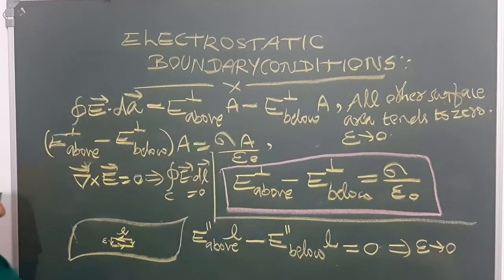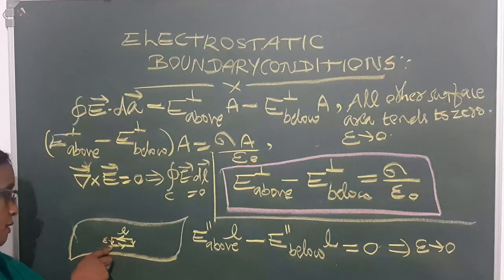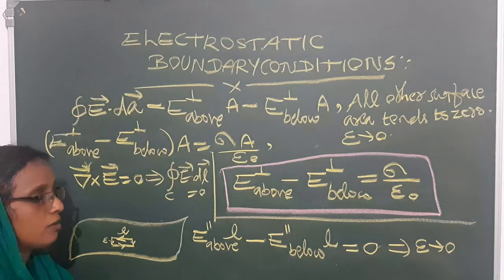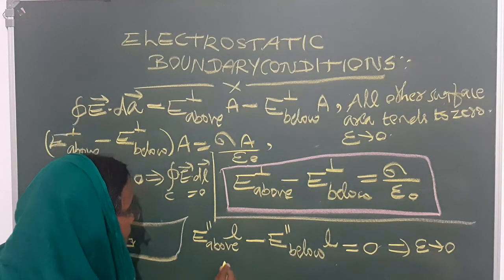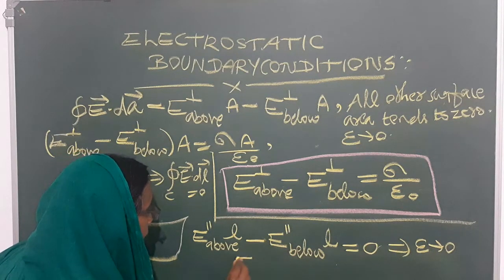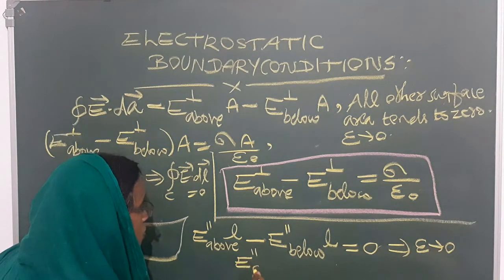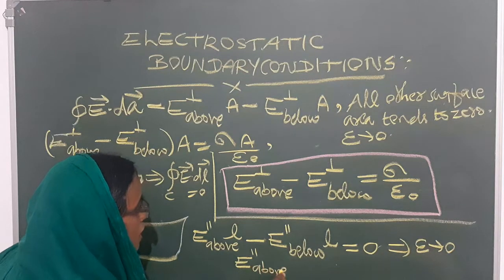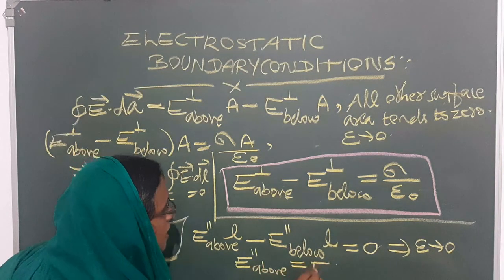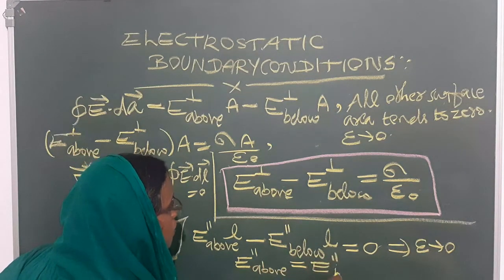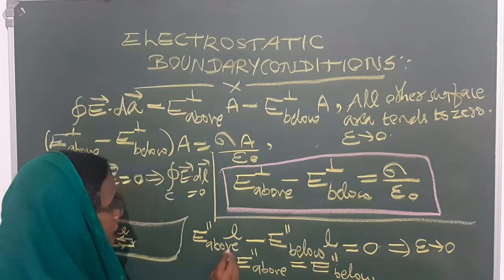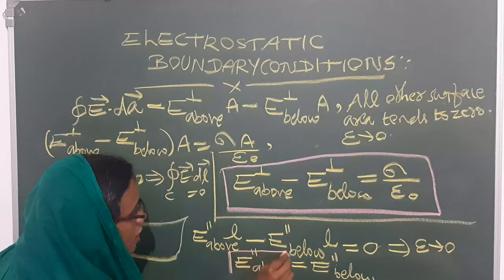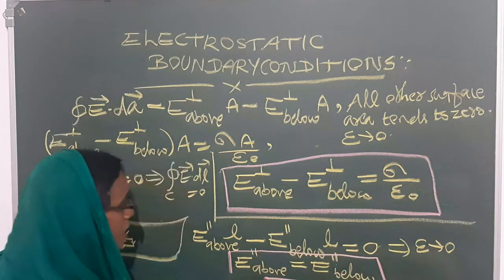Here epsilon represents the length of this side of the loop. So what happens? This means E parallel above equals E parallel below.